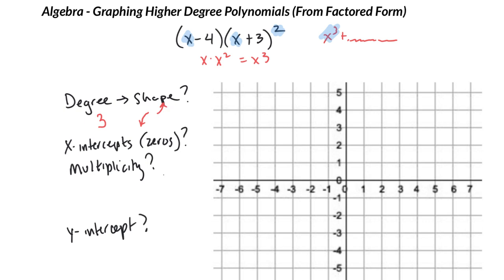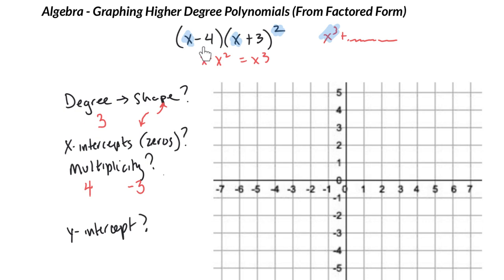The next thing we're going to note are our zeros. Again, this is what makes the function 0. In factored form, we look at each factor and ask, what would I plug in here that would make this factor 0? Of course, it would be 4. So let me write that down as my 0, 4. The other one would be, what would make this 0? Of course, negative 3. Now, multiplicity refers to how many times that factor appears.